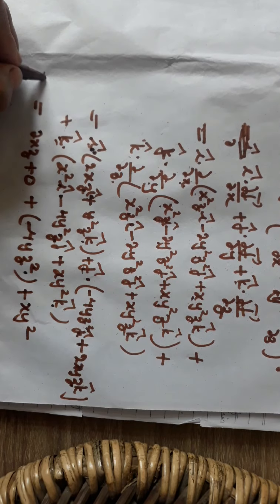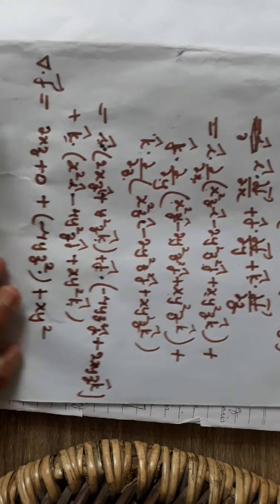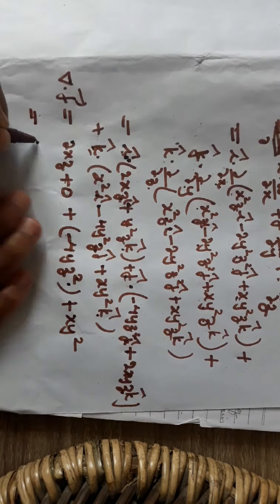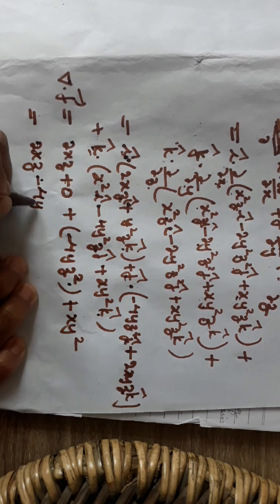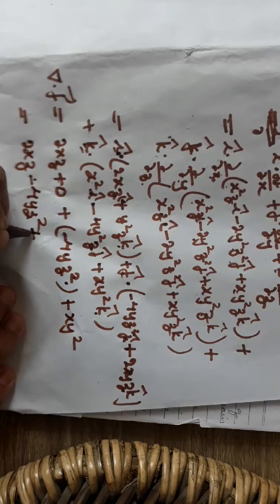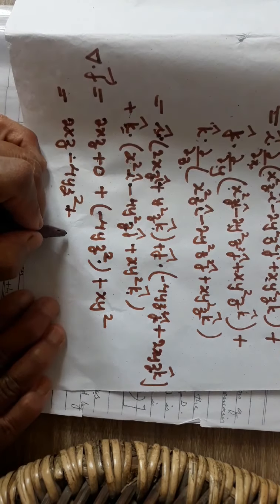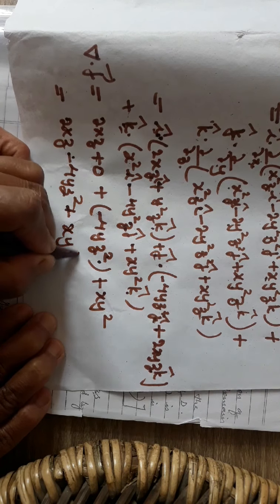So this is the divergence of the vector f bar, which is equal to 2xz minus 4yz squared plus x y squared.